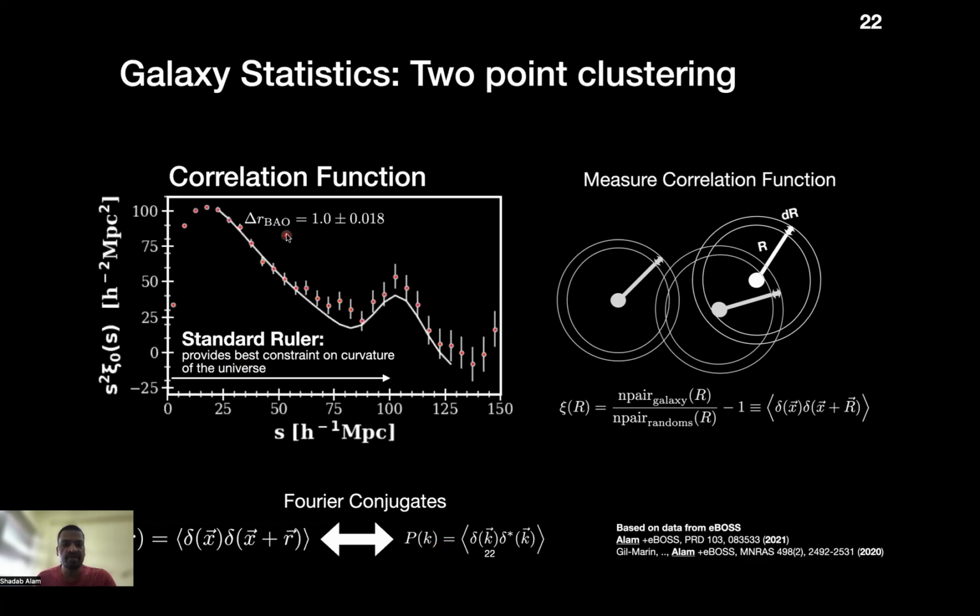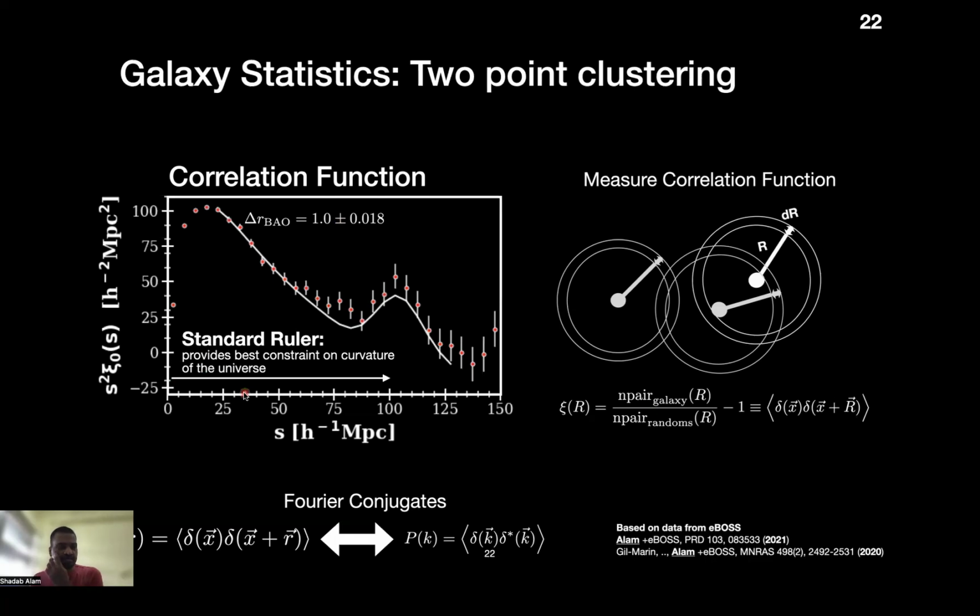To show you an example, this is a BAO measurement from the eBOSS survey, where I have scaled the y-axis by s squared. You can see there is a very clear detection of the BAO peak at about 100 megaparsec over h. This is roughly a 2% measurement of BAO.